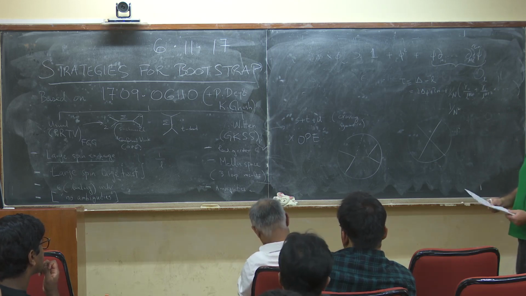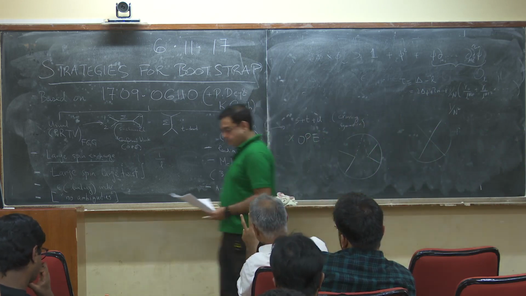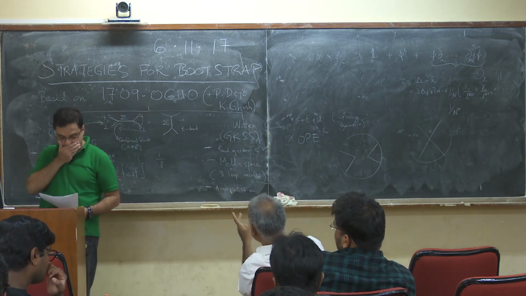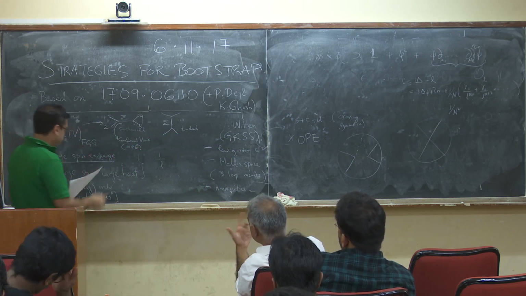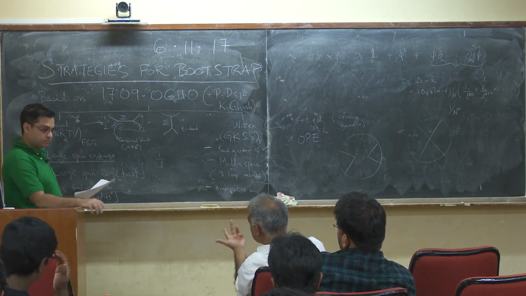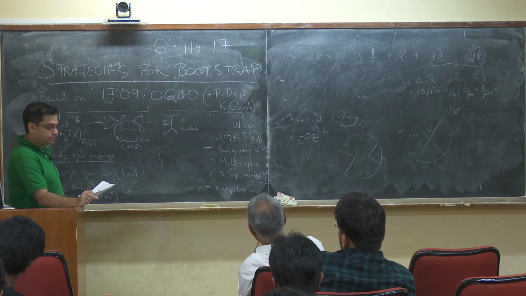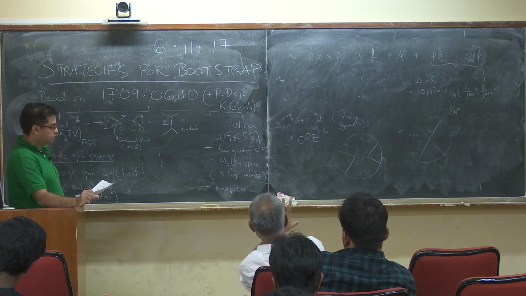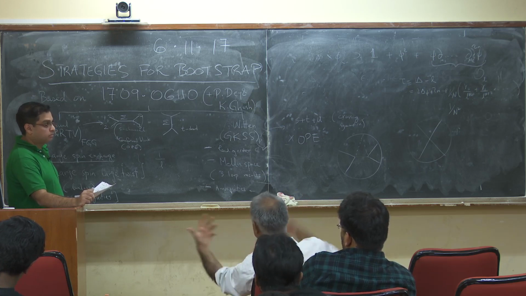First of all, are you saying that in general the bootstrap, if you take the left-hand side, need not have a unique solution? The bootstrap consistency could give you more than one solution. Are you saying correspondingly on the right-hand side also that even after you impose consistency of OPE and crossing symmetry, there can be more than one solution and you can't match them?